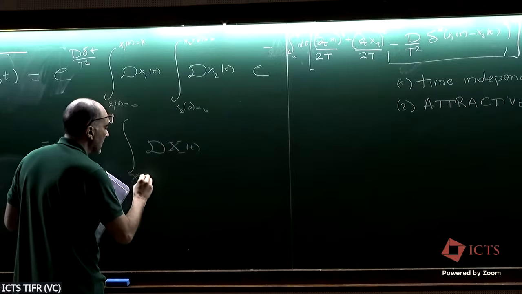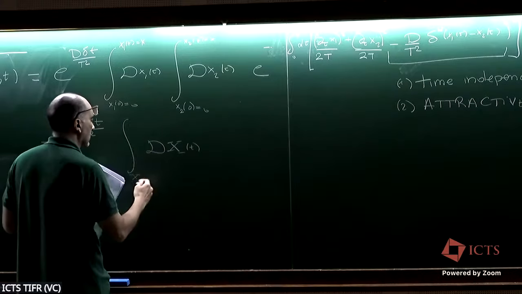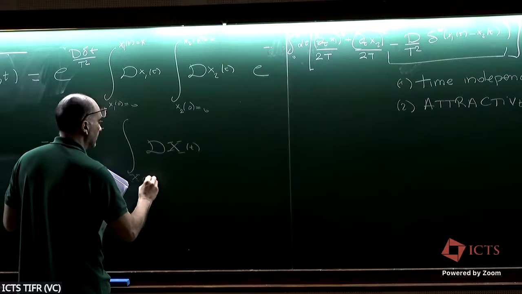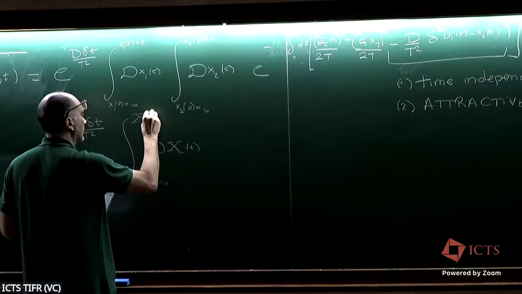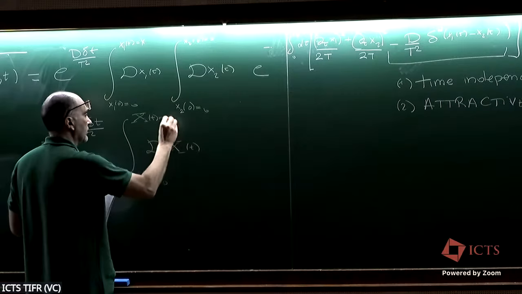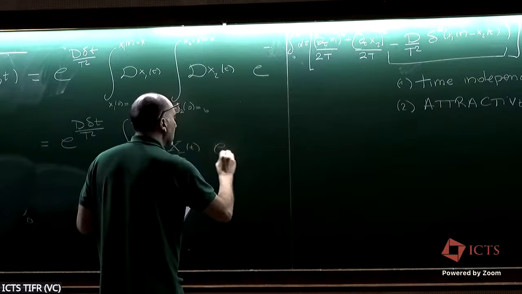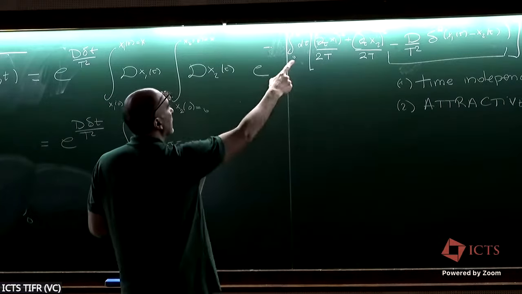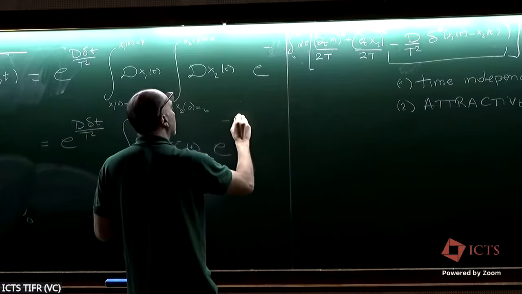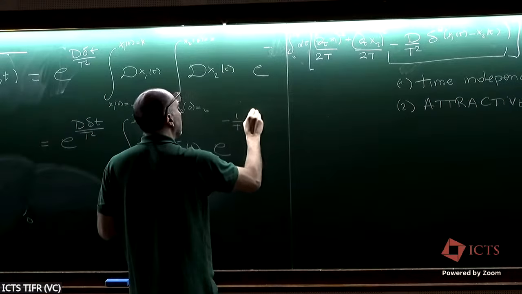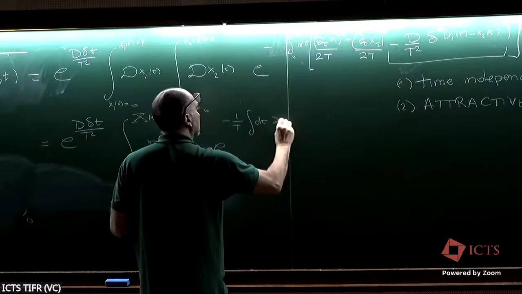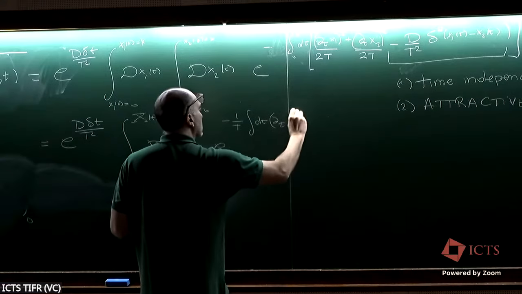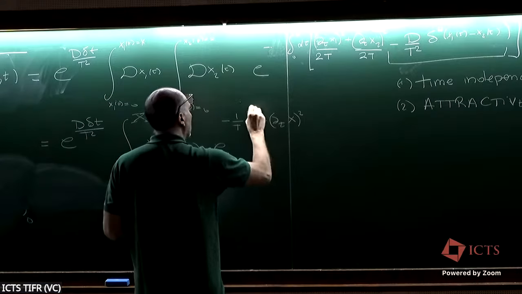The center of mass starts in 0 and ends up in X. And here we have exponential, so there is a factor 2, so we have minus 1 over t d tau, d tau x squared from 0 to t.